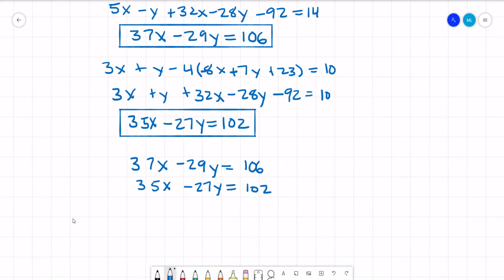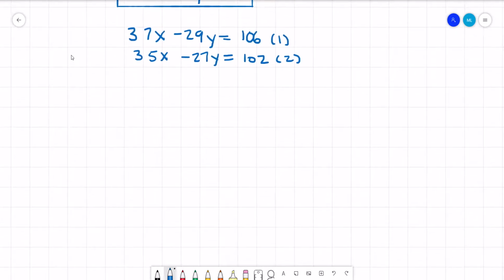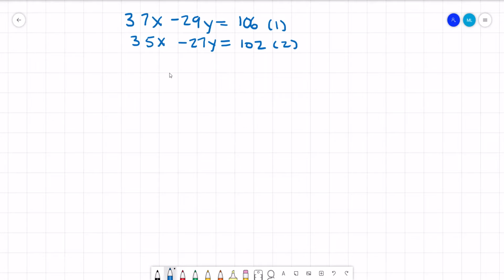Now, this would technically be a new system, but it still is equivalent to your original that you started with, because it's still going to have the same x and the same y respectively. So now we can actually solve this problem. We can just use the Gauss-Jordan method using row operations.